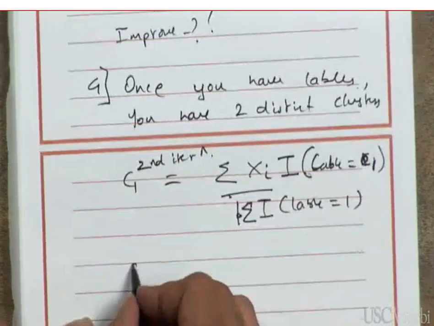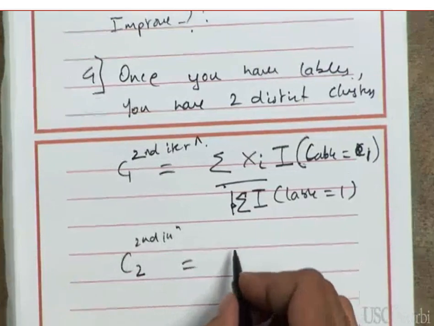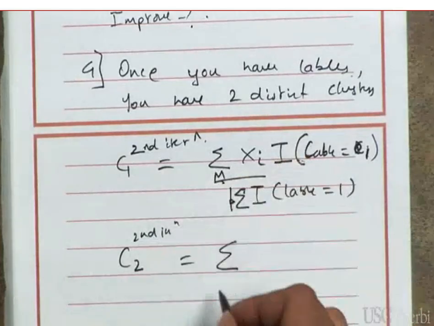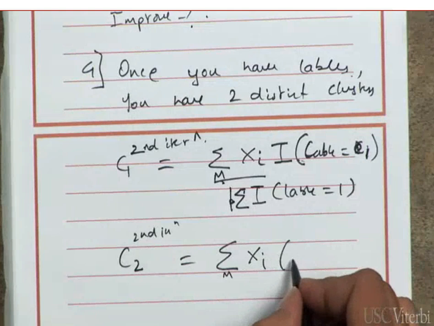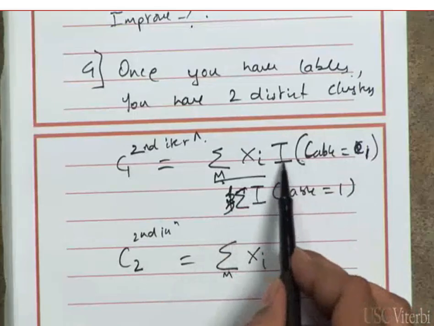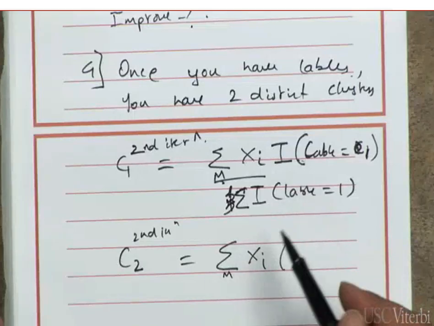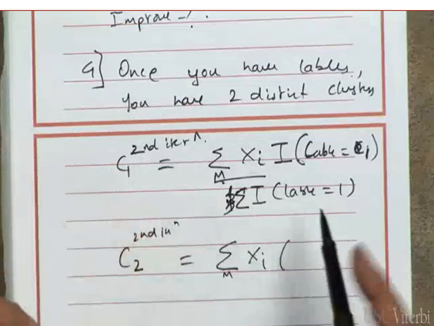C2 of second iteration would be equal to the summation over all m of xi, it's the summation over all the labels. Basically what I'm doing is I'm taking the mean of only those clusters. So what does this do?